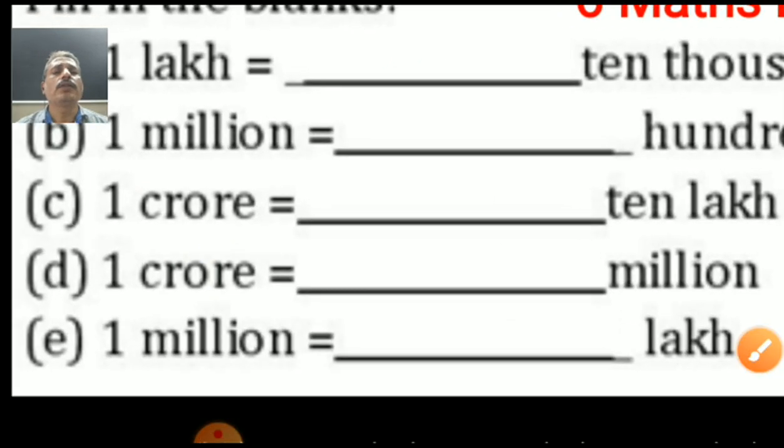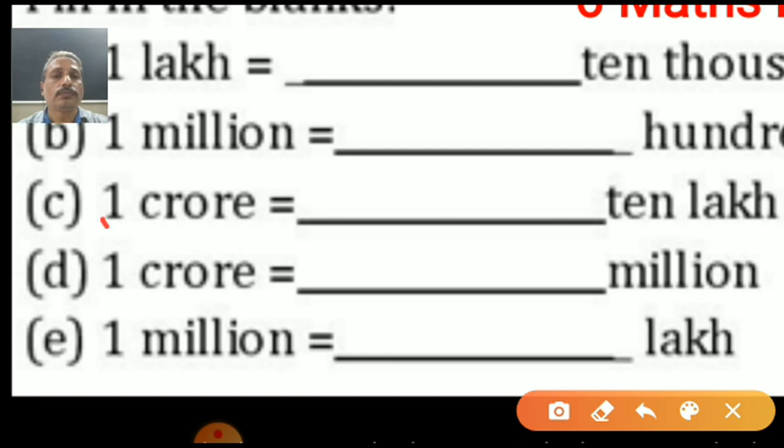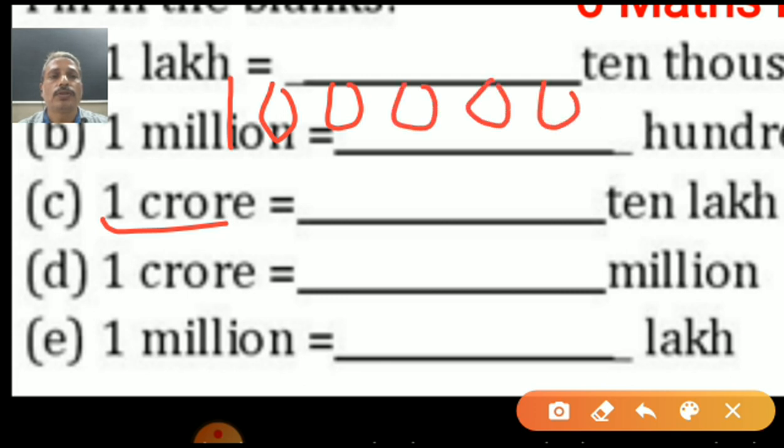Third one, 1 crore. Student, will you write 1 crore in your rough note? All have to write 1 crore. Let's check whether your answer is right or wrong. 1, 0, 0, 0, 0, 0, 0, and one more 0.